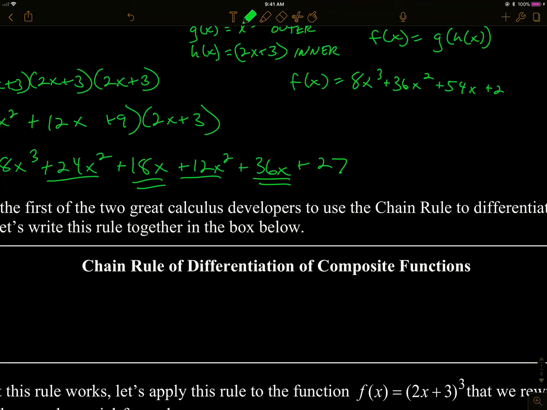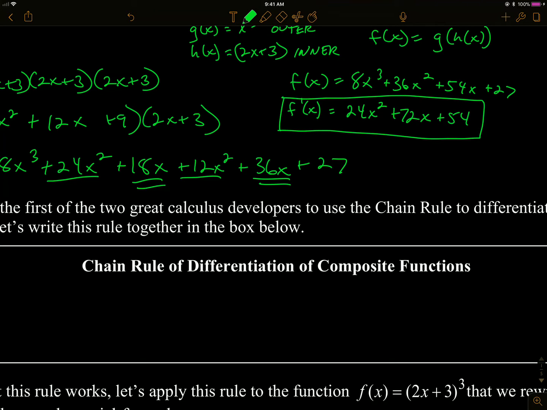And then plus 27. So now I want to take the derivative of that, and I'll get 24x squared by power rule plus 72x plus 54. So there's our derivative.